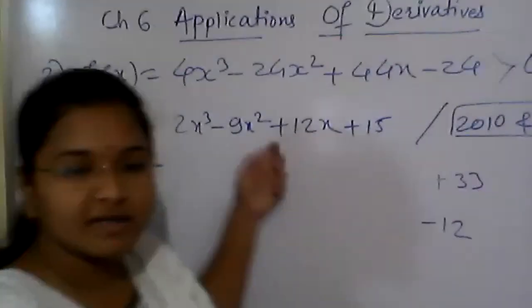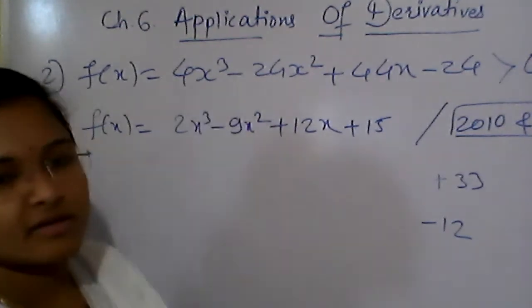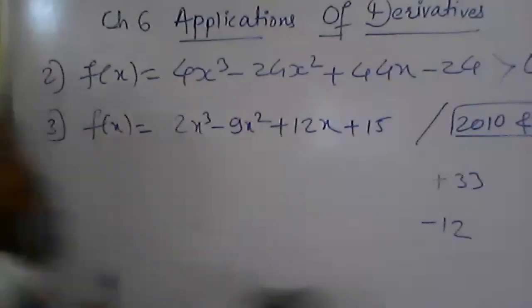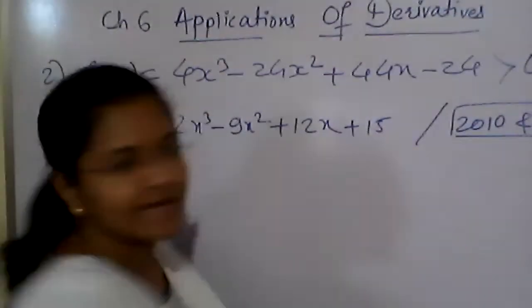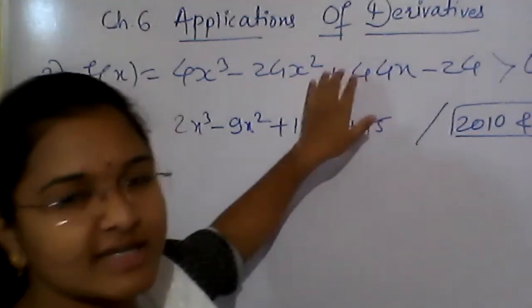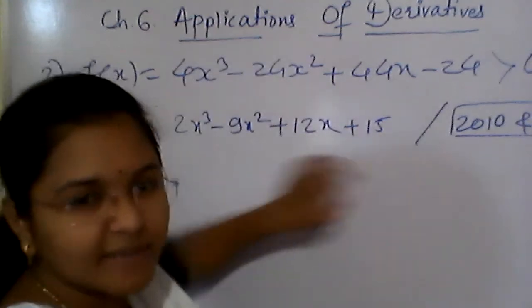Not the second, the third. This second question is not asked. Actually, from RD I have taken the polynomial as it is. They have not asked the question on increasing decreasing. But I thought you would be able to find the factors, but the factors will be very big. Okay.